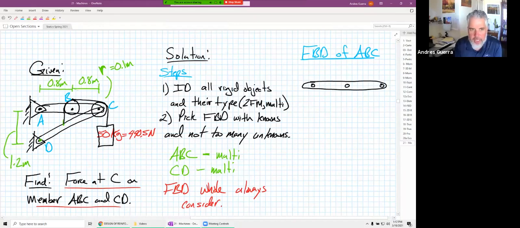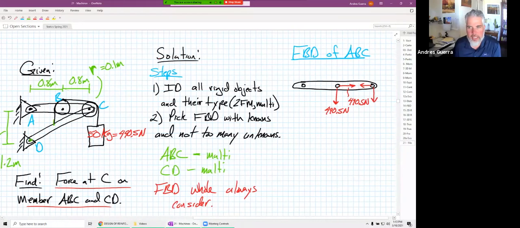We talked about in that video that the pulley here at B is going to exert a force going this way on there, and there's going to be another force going this way. So this is 490.5 newtons. This one right here, also 490.5 newtons. And then at this pulley right here, we're going to have a 490.5 going back to the left and another 490.5 going straight down.